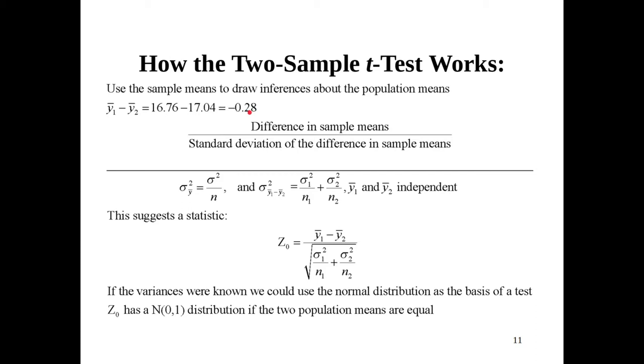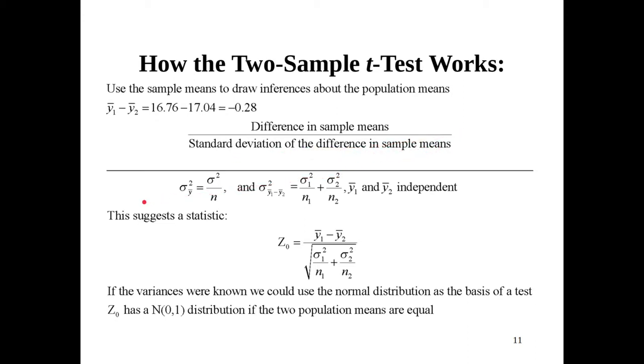The t-test that we are going to use to verify if this is statistically significant or not basically works like this: the difference in sample means divided by the standard deviation of the difference in sample means.